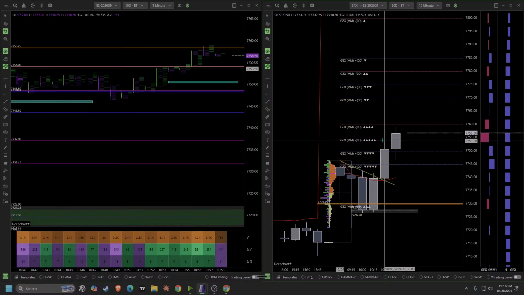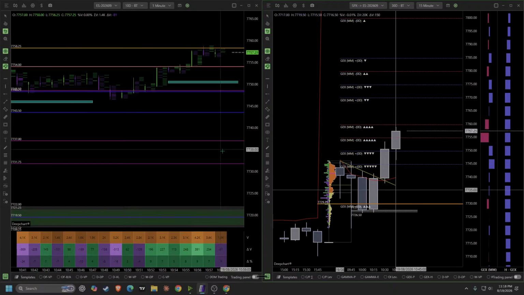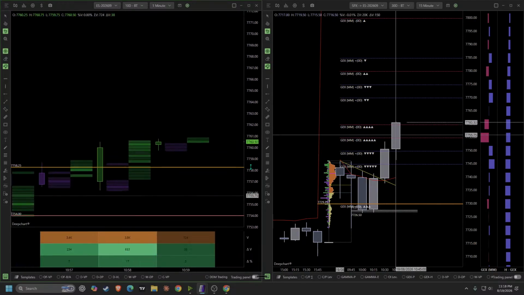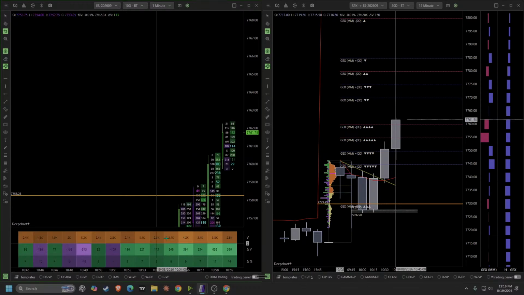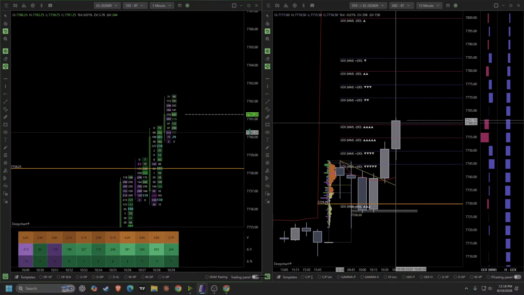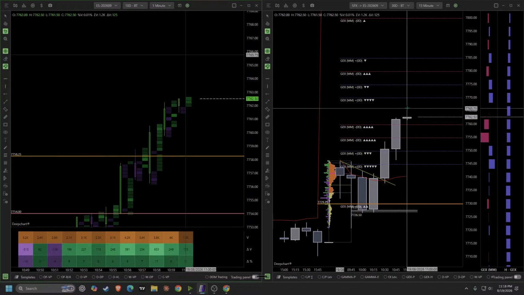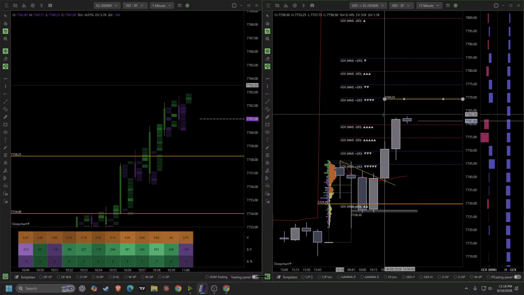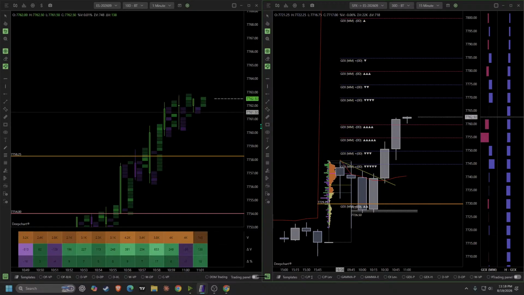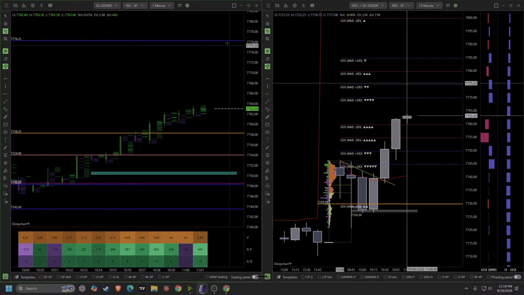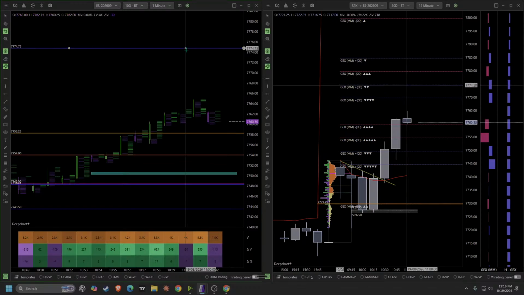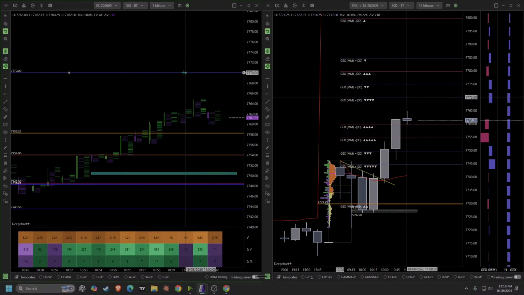That's 4.75 points. And also see here we have buying aggression. Price got pushed up, and when we come back to here, 77.70 should act as a break.